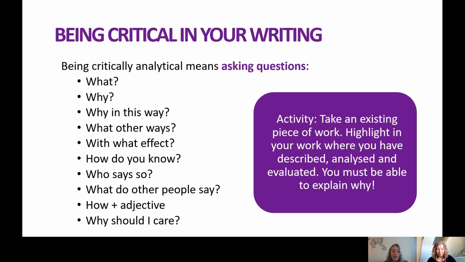So if the work is more balanced on the descriptive side rather than the analytical, it falls within that lower boundary, which is why it's such a great activity to do, to be able to highlight and see where the balance of your work falls.